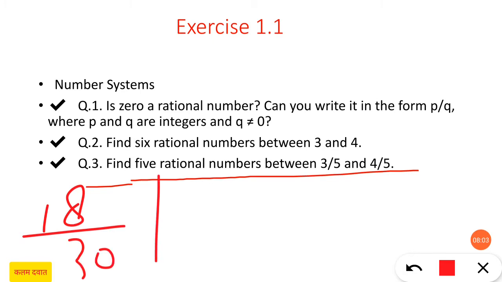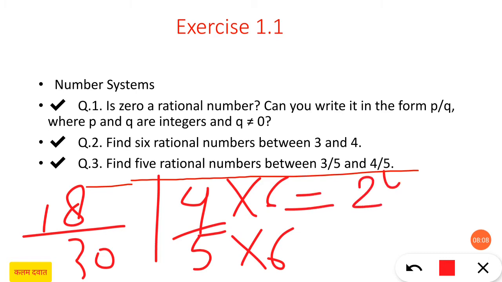In the same way, 4 upon 5 can be written as 4 6s are 24 and 5 6s are 30, so 24 upon 30.